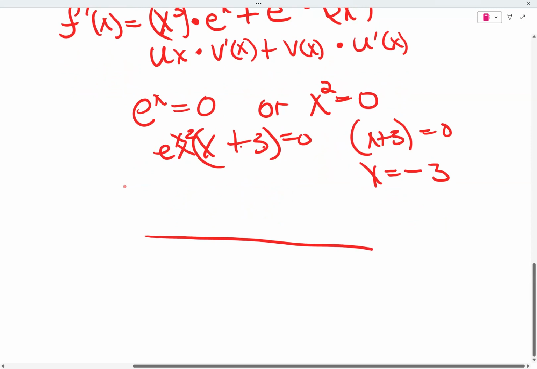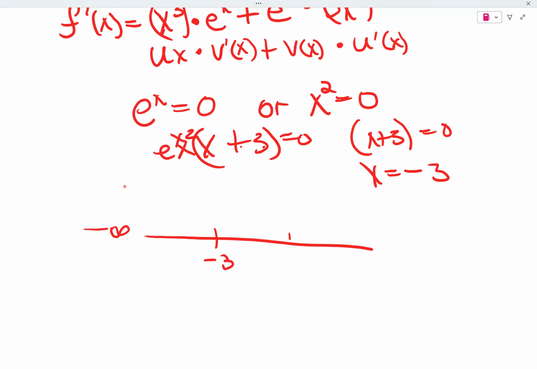So once again, here's negative infinity, here's -3, here's 0, here's infinity. What's happening at that point? So it's as simple as, let's use that first derivative function at 0, or use the first derivative function at, say, for example, -4. We could use it at -3 as well. And let's just play with the numbers.